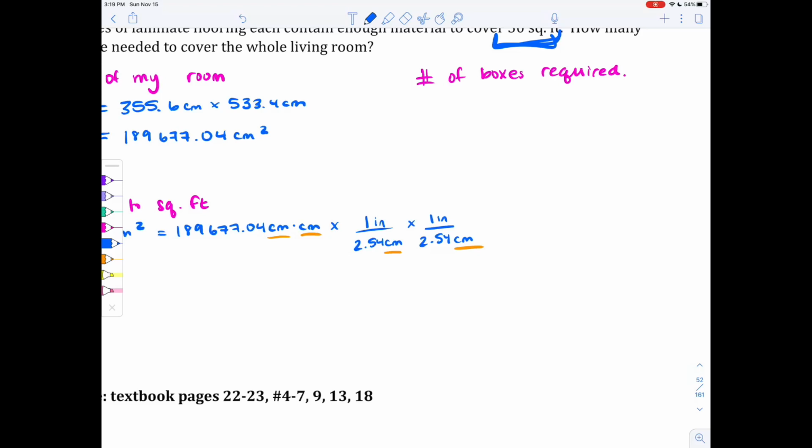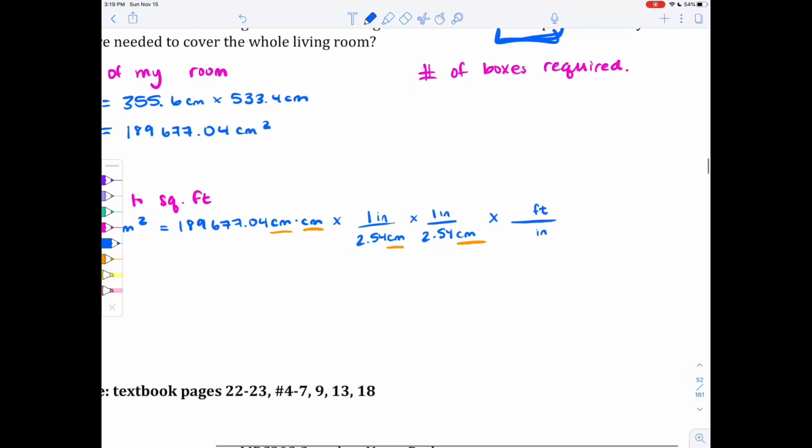I want to end up with feet squared. So what I'm going to continue to do is get rid of my inches by making sure that's on the bottom and introducing feet. And I know that there's 12 inches in every foot. And again, I have to do that twice because I have inches squared. I have to get rid of both of them.